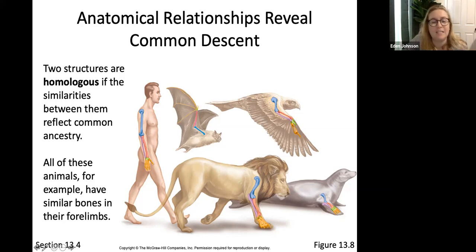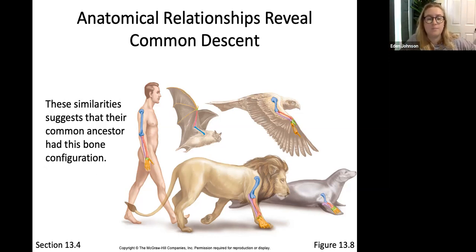How crazy is that? So, similar bones in their forelimbs reflect common ancestry. That makes sense because they're mammals. You've got different selective pressures on different mammals, and they go down their own evolutionary trajectories. However, they all kept the overall configuration of their bones.